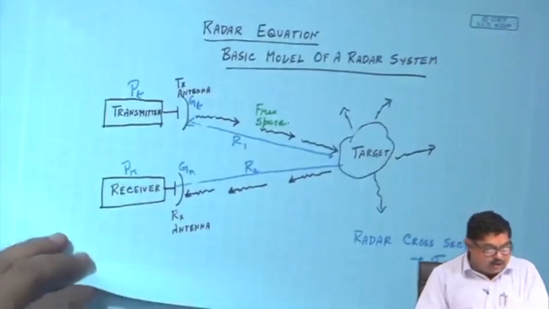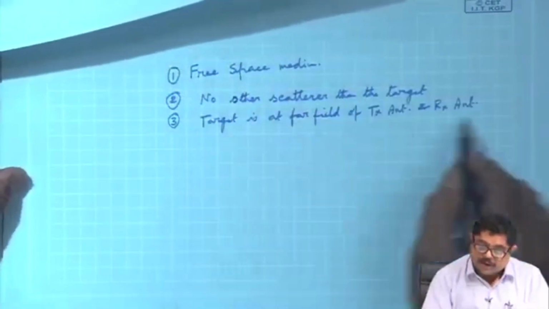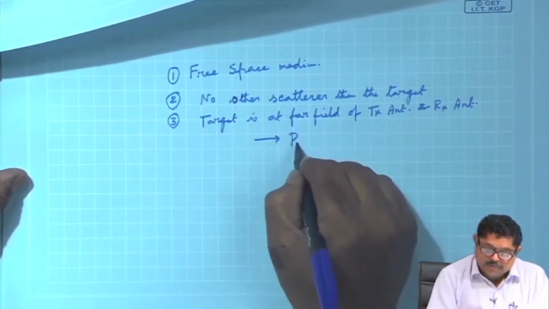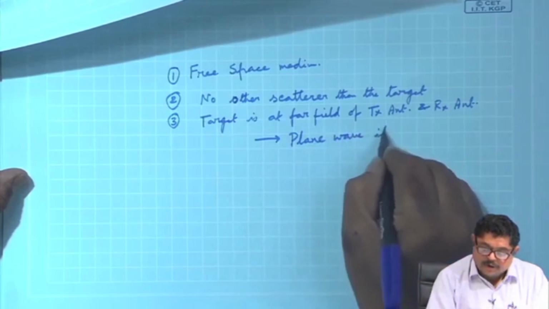Now, basically plane wave sort of illumination: this free space, this target is at far field, that means I can say that basically plane wave illumination.